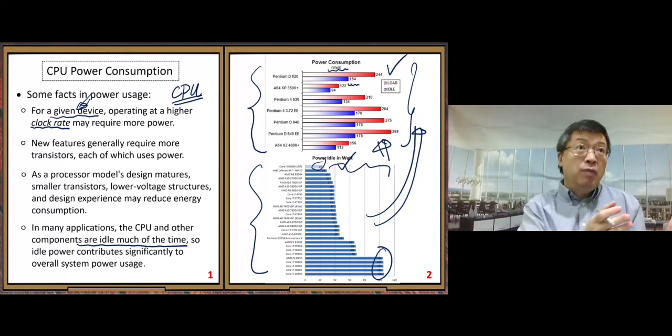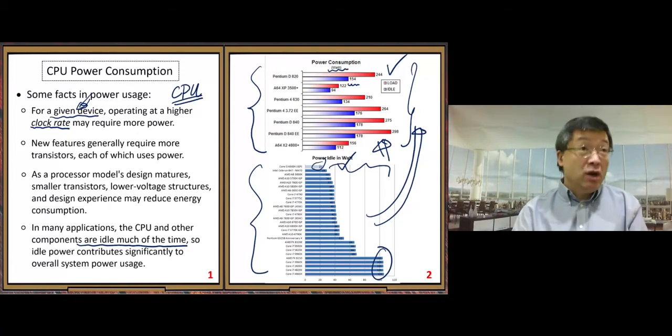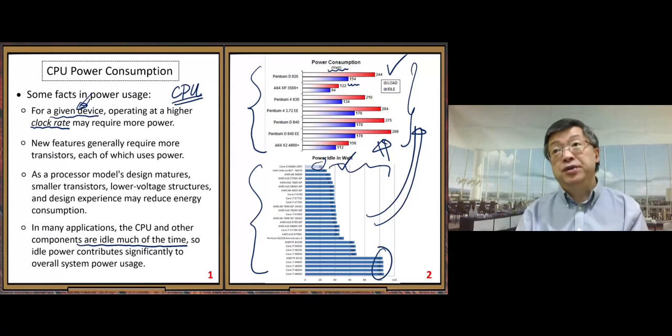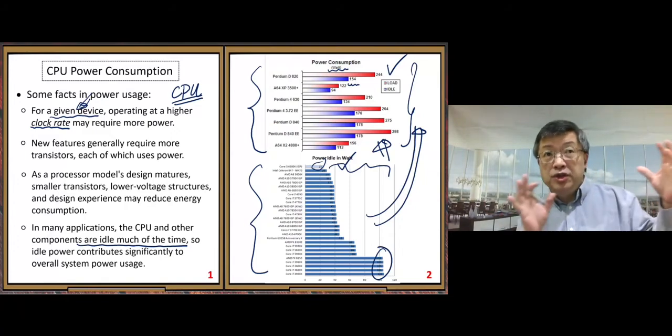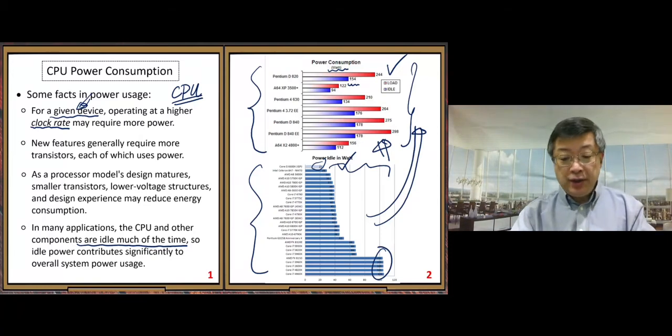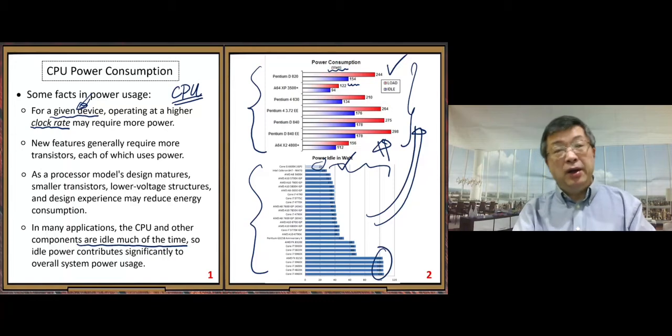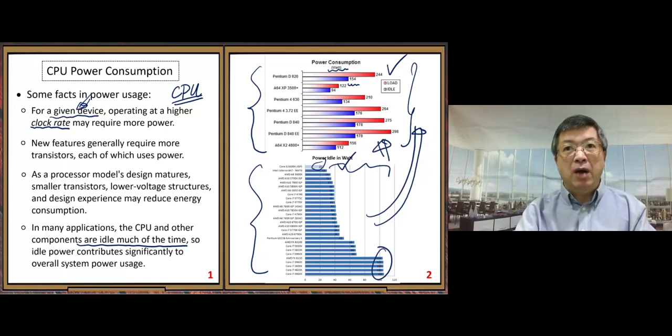For a laptop, you may not use very powerful CPUs. For servers, you like to use much more powerful CPUs. For that kind of thing, still the difference is pretty big.